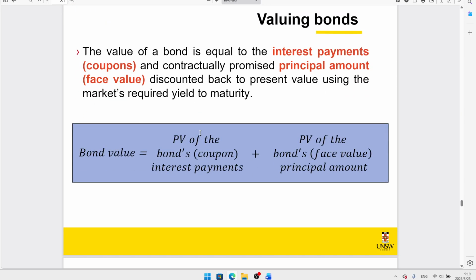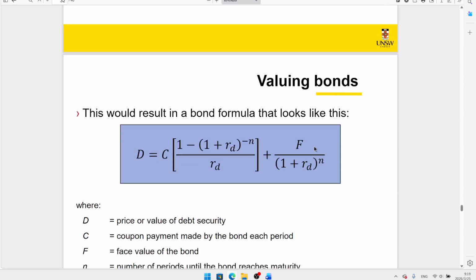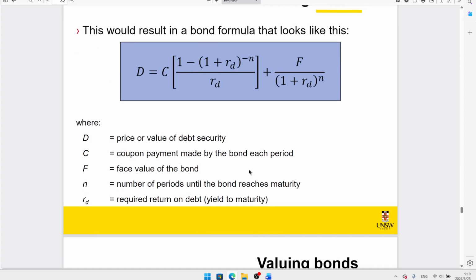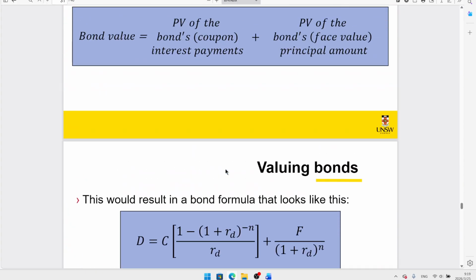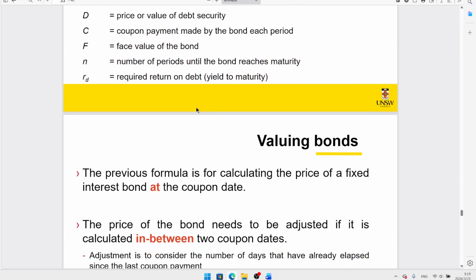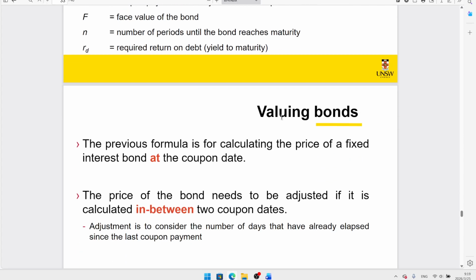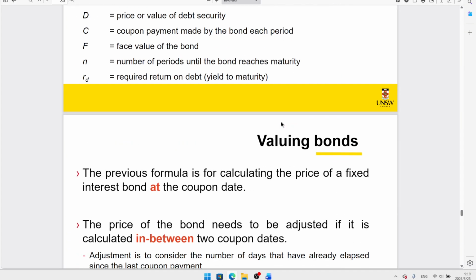So that's the detailed formula of the calculation. The bond value is the present value of the bond interest payments plus the present value of the bond principal amount. It looks a little bit weird, but we can find the detailed calculation in the workshops or in the class.